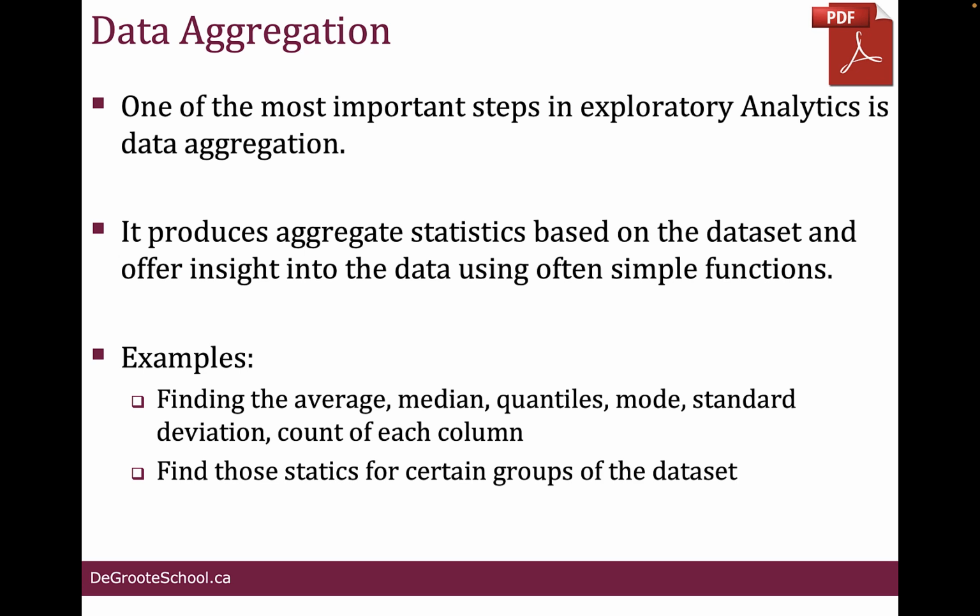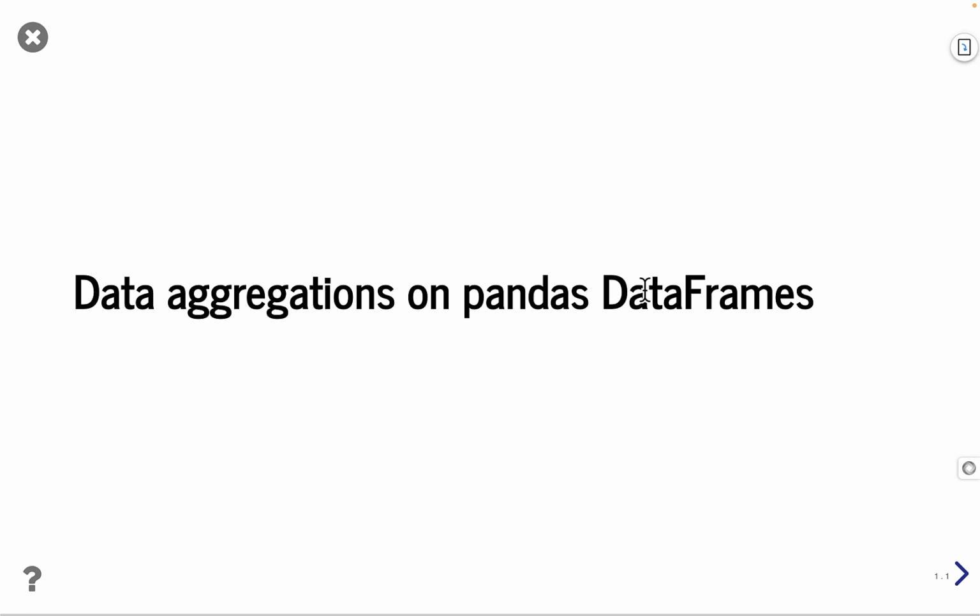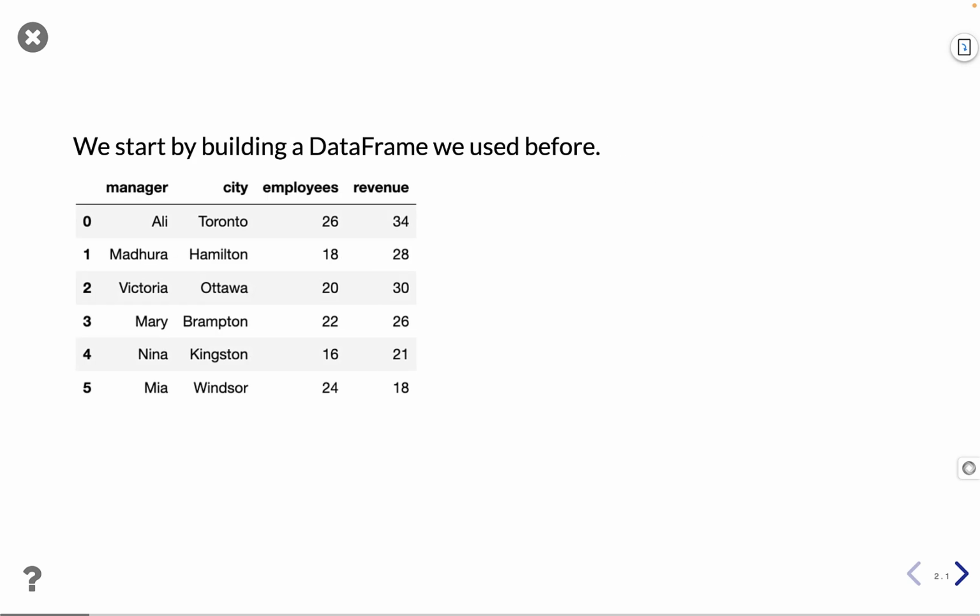So let's switch to our Jupyter Notebook. And then we're going to see how we can do data aggregation and calculating summary statistics on a pandas data frame. And this time we're going to look at a data frame that we have used before.